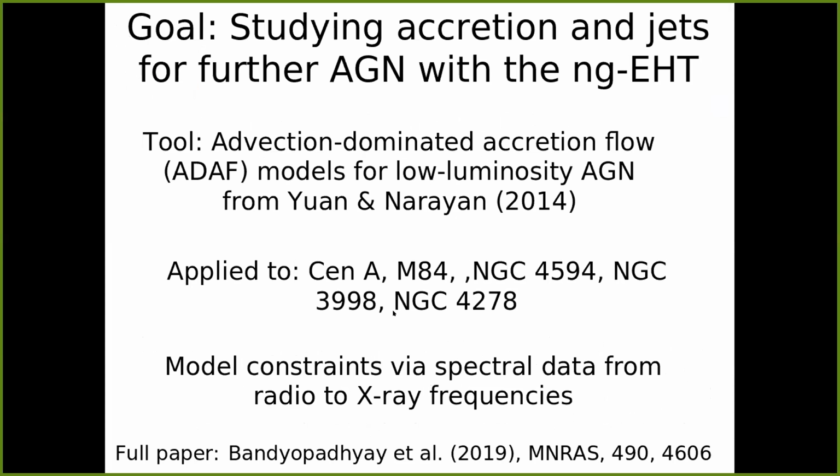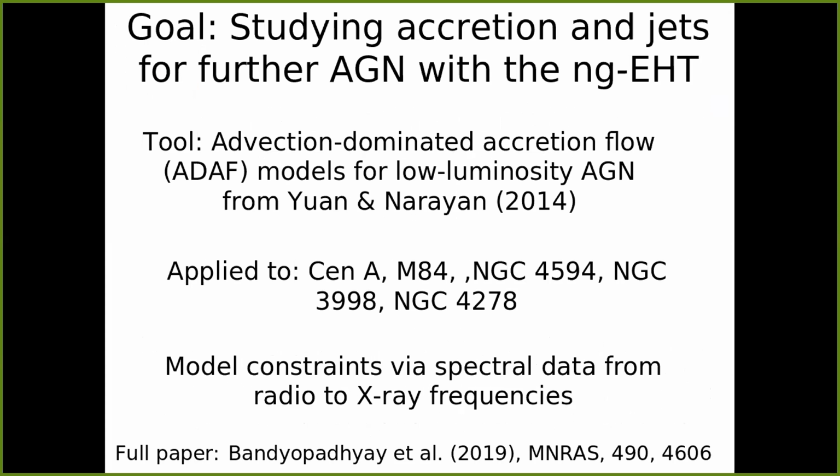So what we did in this work is we were using advection-dominated accretion flow models from Yuan and Narayan in 2014. And we've been applying them to a couple of nearby sources: Cen A, M84, NGC 4594, NGC 3998, and NGC 4278.